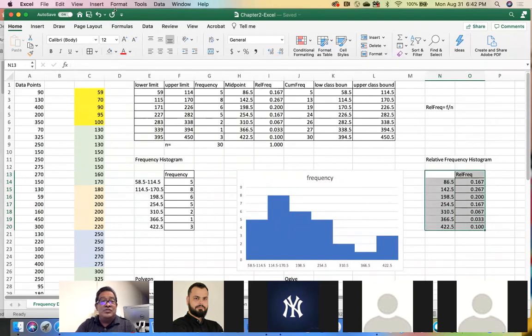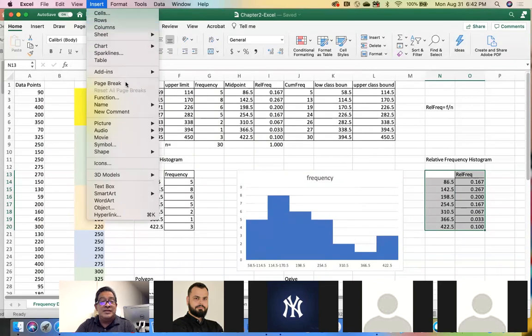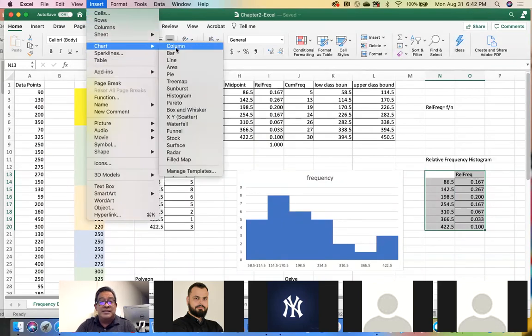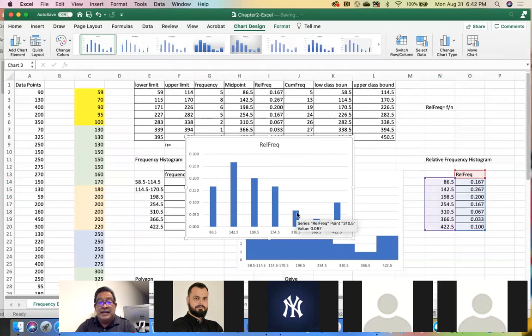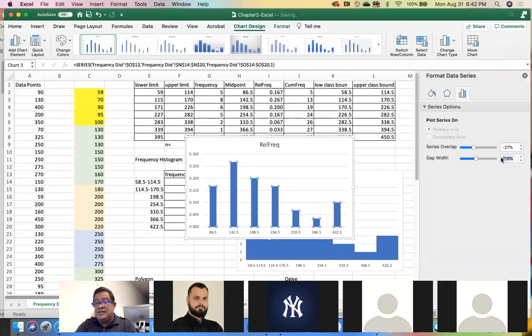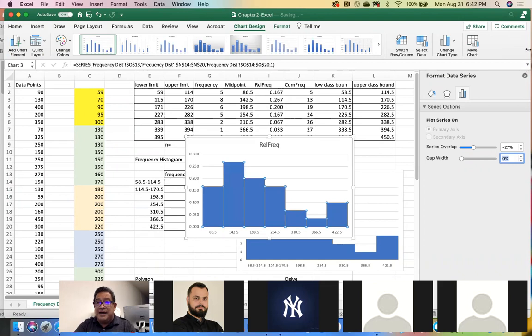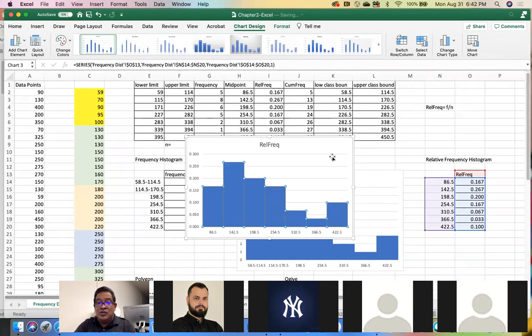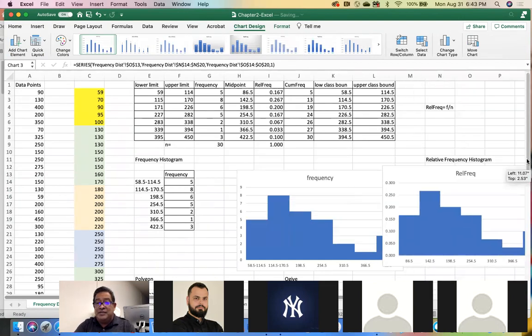So I'm going to use the same insert, chart, column, and then I am going to say format data series, and then erase the gap, okay? And I have my histogram using the relative frequency.